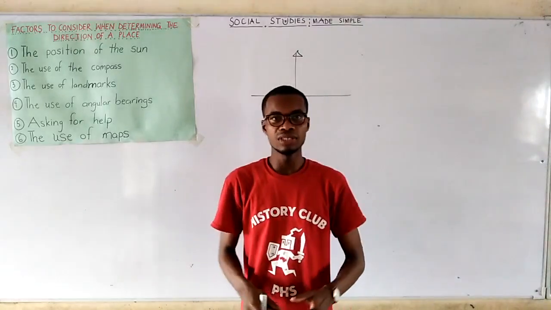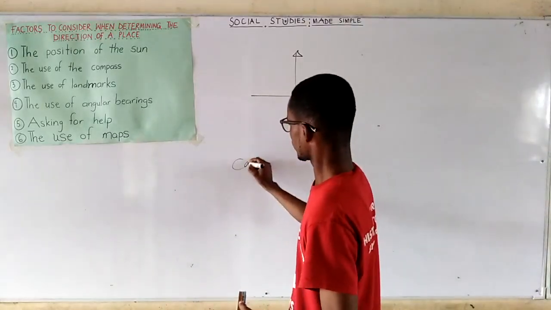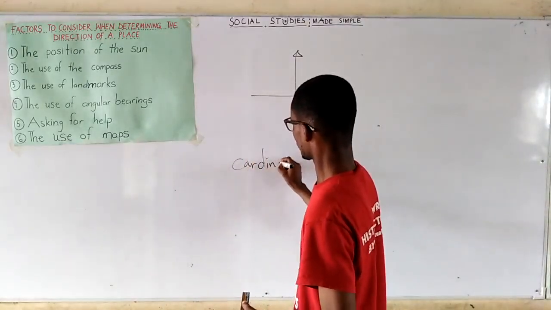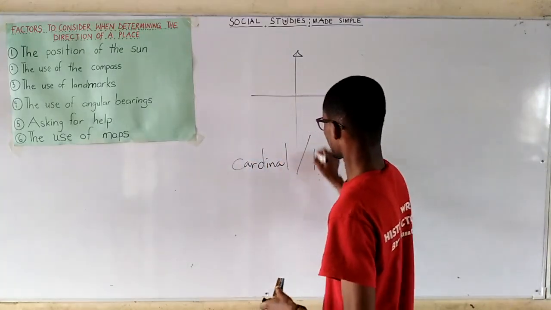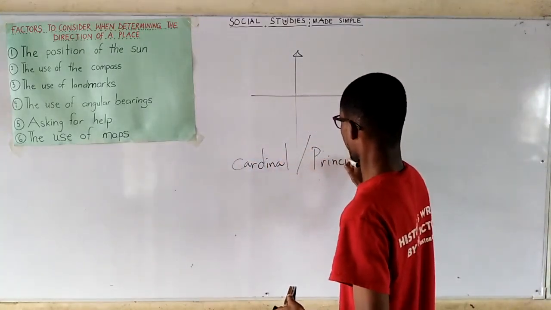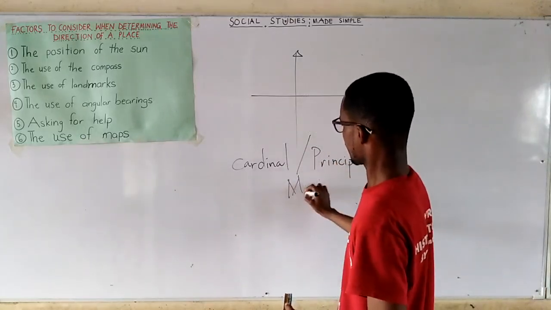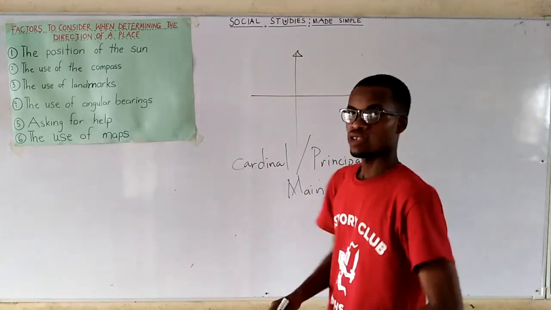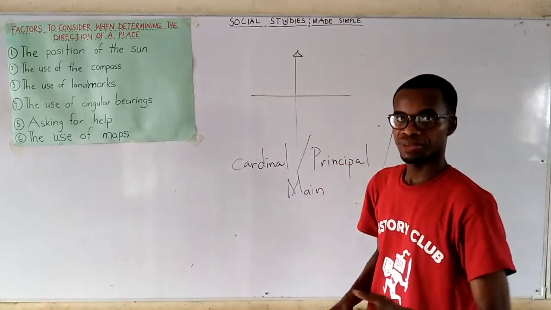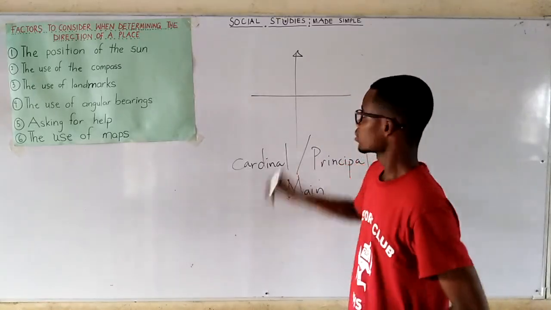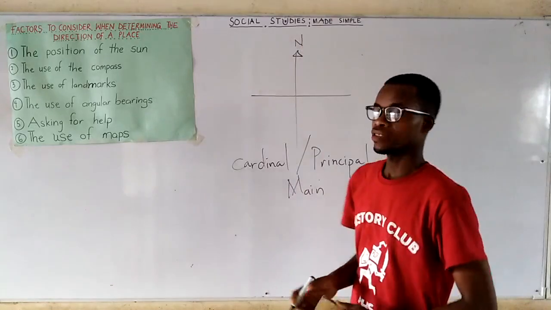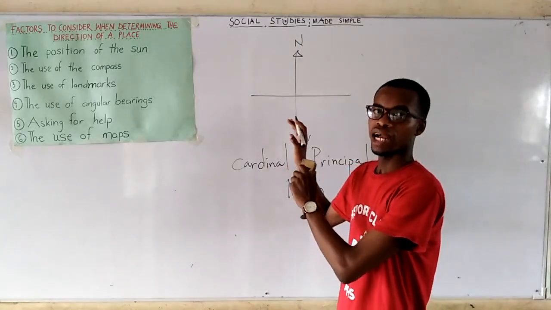So cardinal could mean principal. So the main points, the cardinal points or the principal points of the compass, we have the north, which I always regard as the mother.